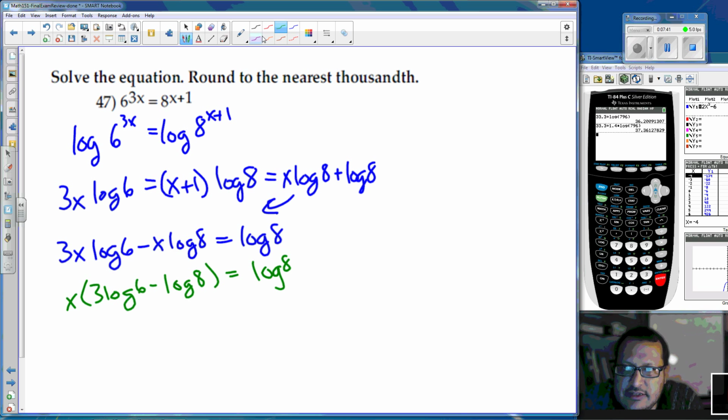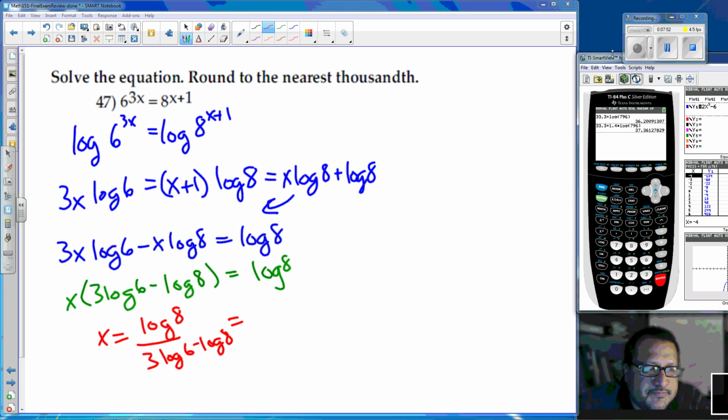This is just a number, so we divide by it, and we have x equals log 8 over 3 log 6 minus log 8. This we put in our calculator. Log 8 divided by parentheses 3 log 6 minus log 8, and close the parentheses.